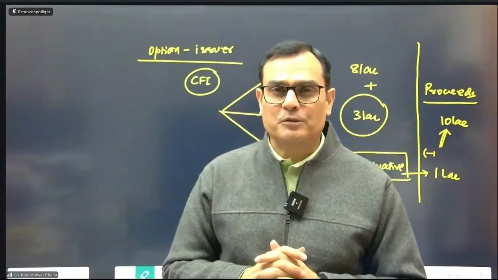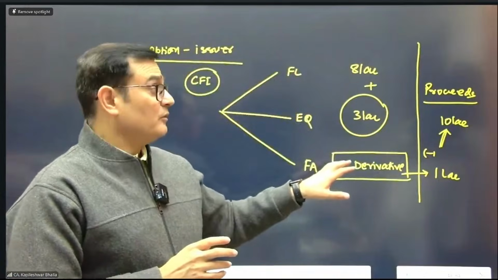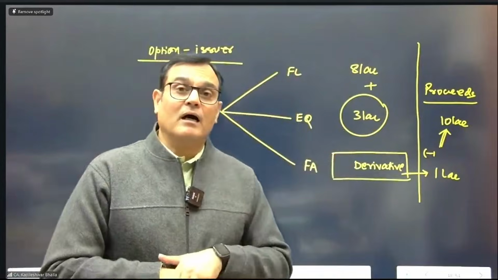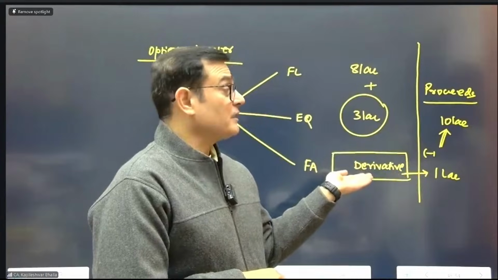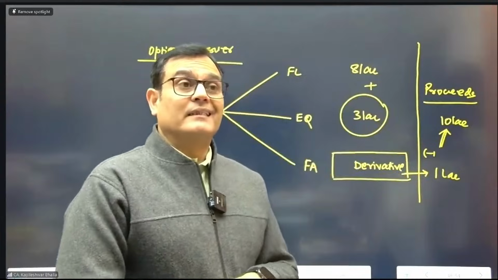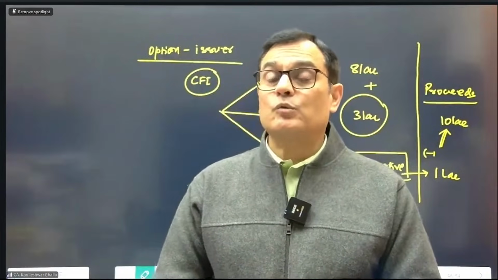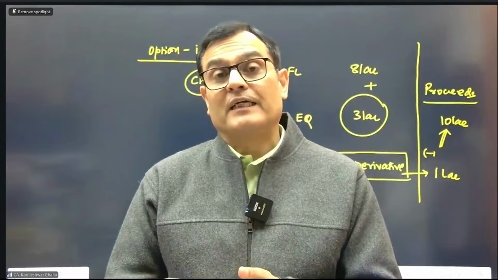I think from the examination point of view, I have not seen any question of this sort. You will not see this kind of thing being asked extensively, because if this derivative value is to be given, it has to be stated in the question. Because I can't value this derivative; it has to be done using a Black-Scholes model. In this case, the examiner has to tell you the derivative financial asset value.